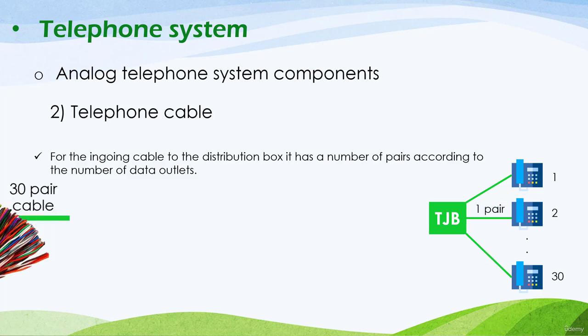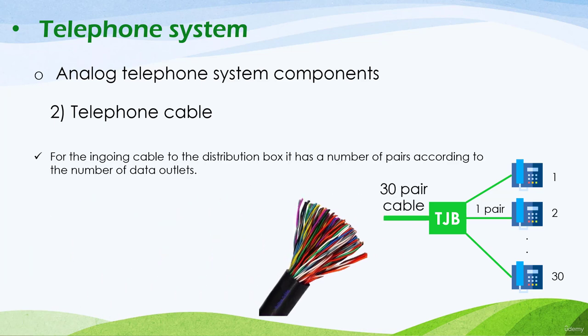But what about the ingoing cable to the telephone distribution box? Here the ingoing cable will be just one telephone cable, but it's a multi-pair cable in this case. So it will be a multi-pair telephone cable with a number of pairs equal to the number of outgoing telephone outlets. For example, if we have 30 telephone outlets, we will use a 30-pair telephone cable.